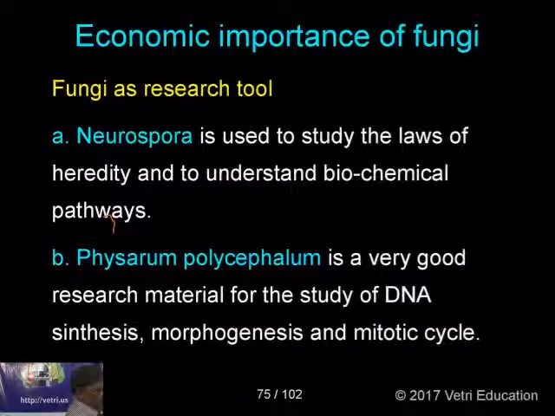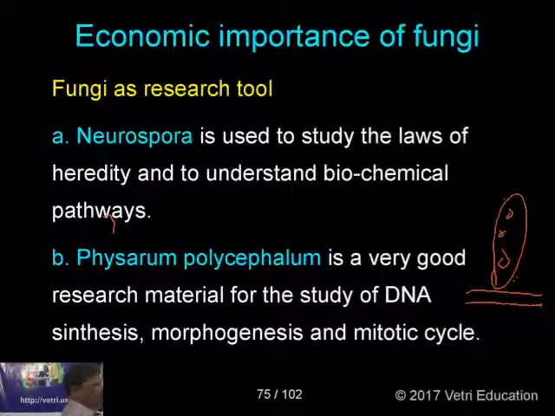There you can find this Neurospora. It is an Ascomycetes fungus. You can study the ascospores, with 8 ascospores in each ascus. So biochemically, in these reactions, a particular enzyme is not there, and a particular biochemical pathway is suppressed.